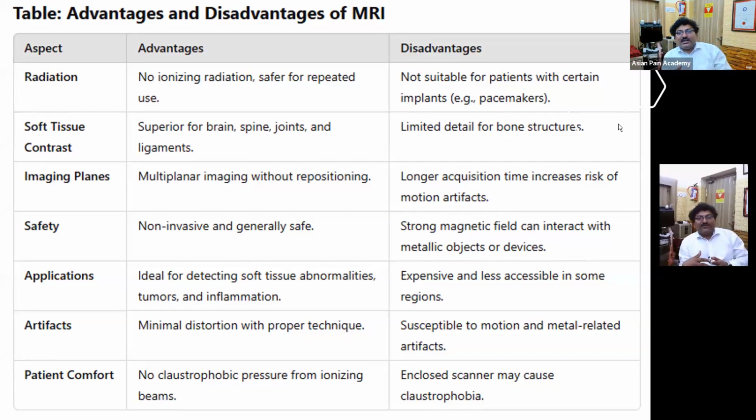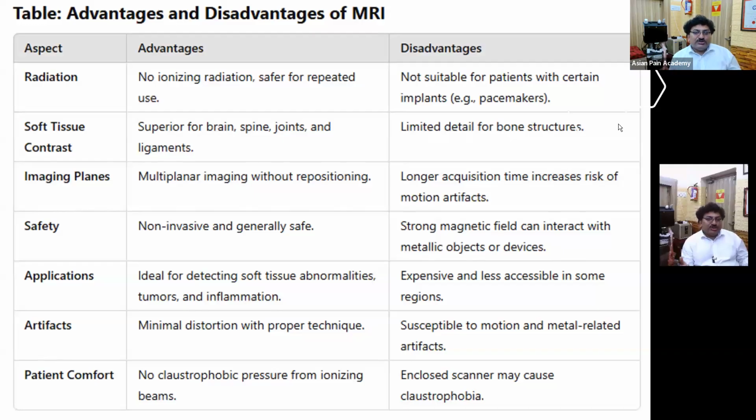Now coming to the advantages and disadvantages of MRI. Radiation: there is no ionizing radiation, which is there in the X-ray. Soft tissue contrast is definitely superior for the brain, spine, joints, and ligaments. That is why we use it more for soft tissue evaluation.